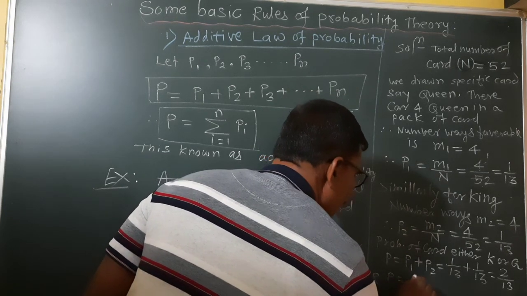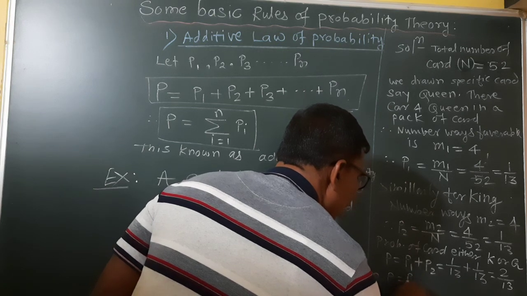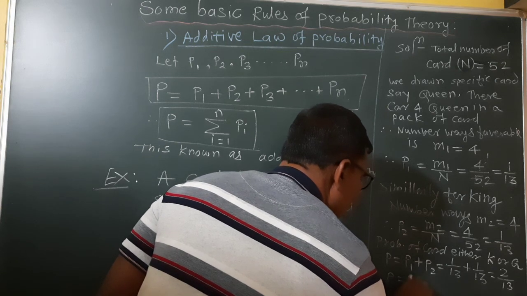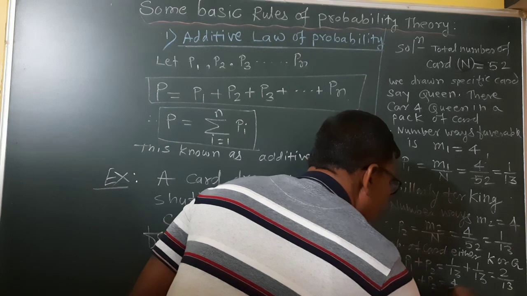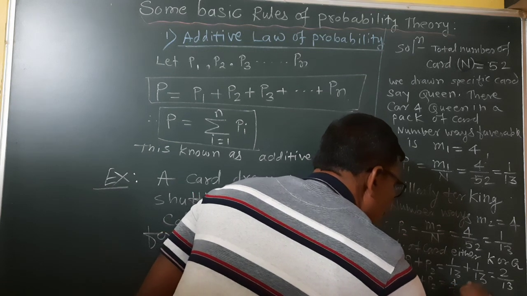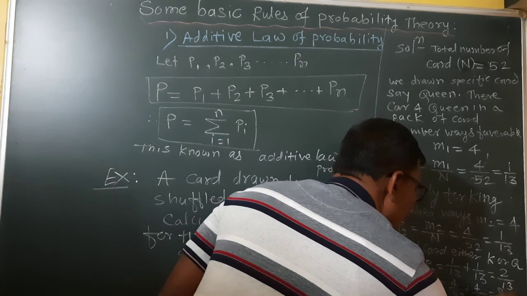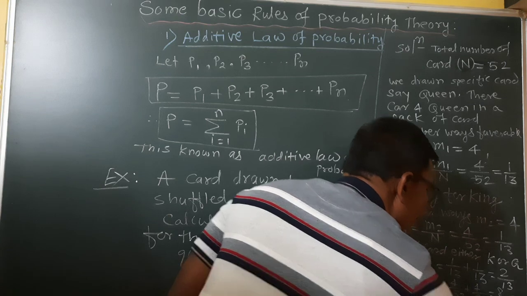Or P equals P1 plus P2, that is 4 by 52 plus 4 by 52, which equals 8 by 52.